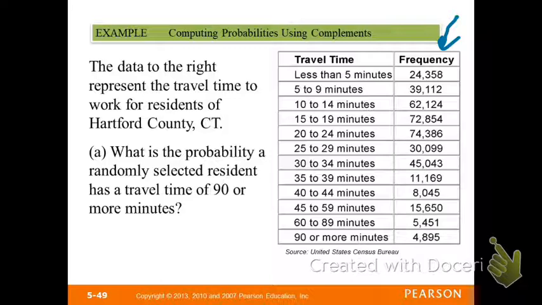Letter A says, what is the probability that a randomly selected resident has a travel time of 90 minutes or more? Okay, 90 minutes or more, that's this group of people right down here at the bottom. There are 4,895 people in that county that have a travel time of 90 minutes or more. So to find the probability, we would need to do 4,895 divided by the total number of people, which is the sum of that column.